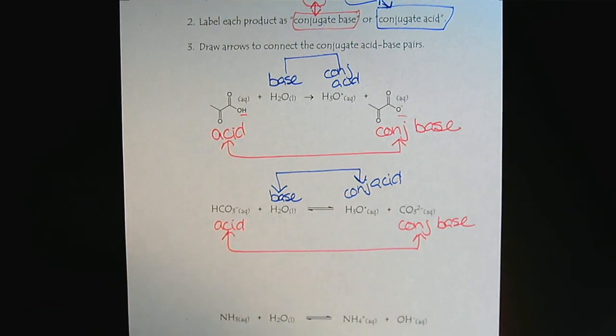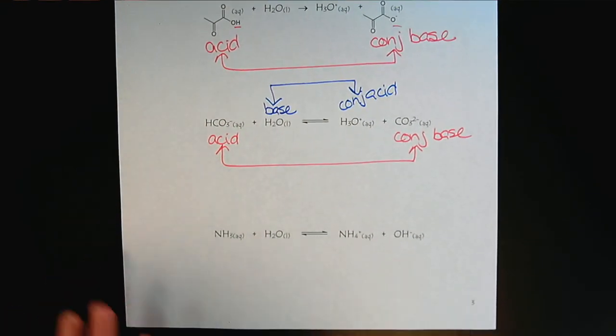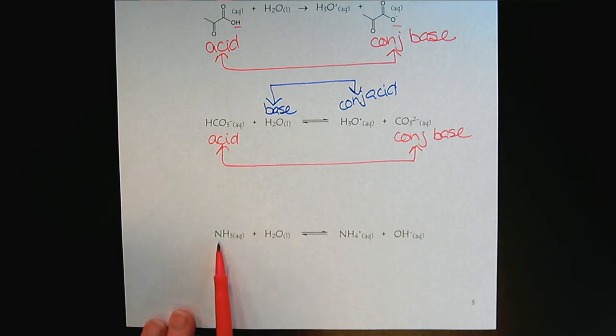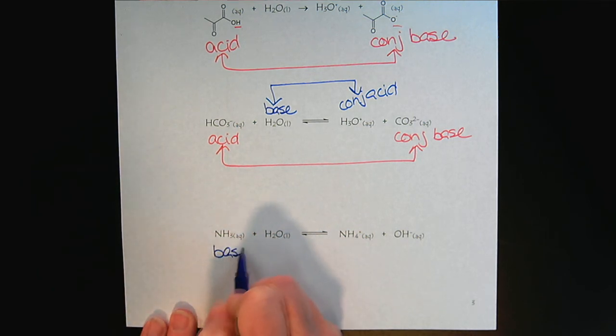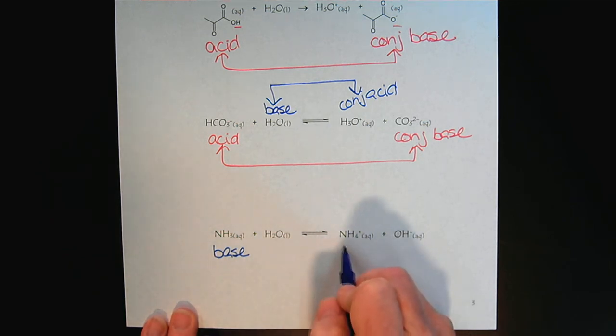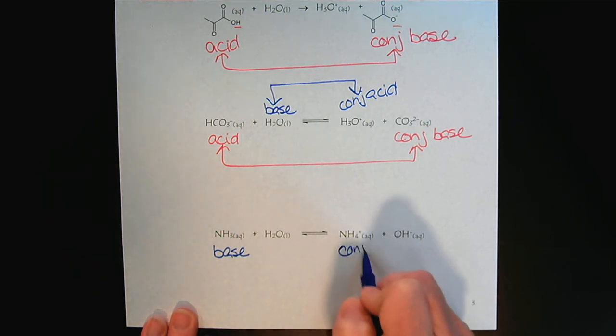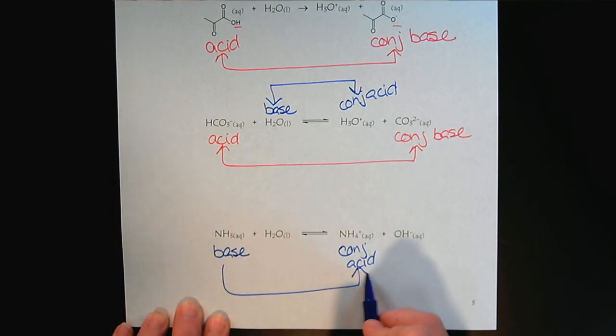Okay, one last example before you get started on your homework. Now we look here and we see ammonia gaining a proton. So ammonia took the role of the base. It accepted the proton, so the ammonium ion would be the conjugate acid. So here's one pair.